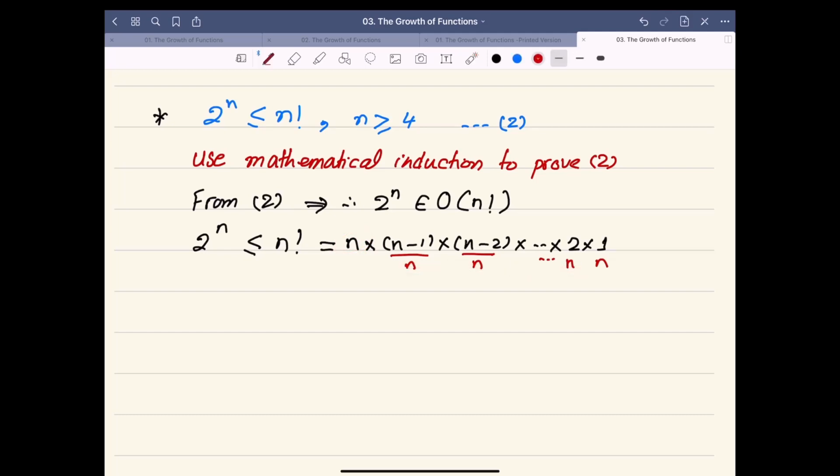So we can say that 2 to the power n is less than or equal to n multiplied by n multiplied by n, and this n is multiplied n times, and as a result we will have n to the power n. Finally we say that 2 to the power n is less than or equal to n raised to the power n.